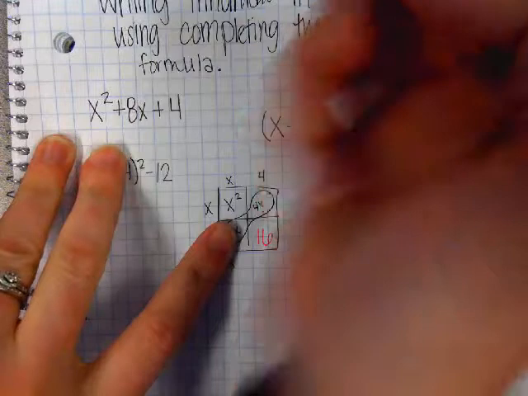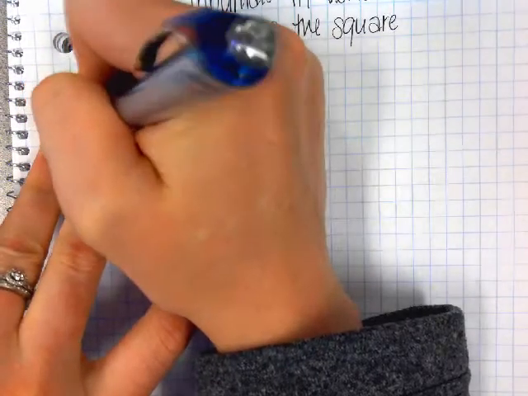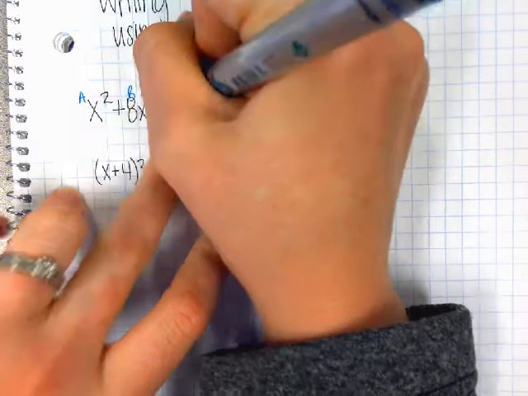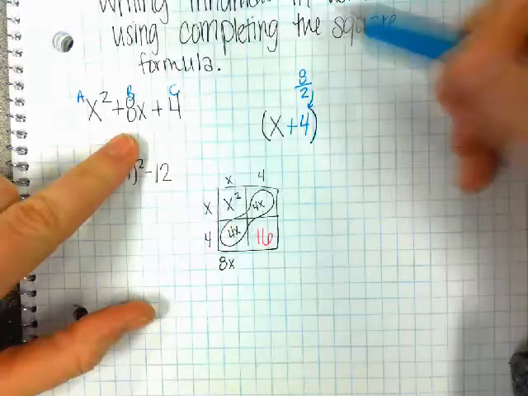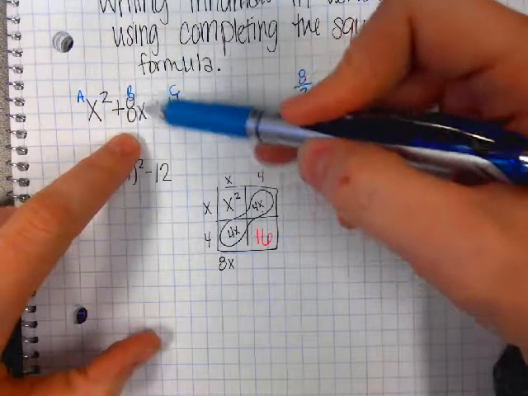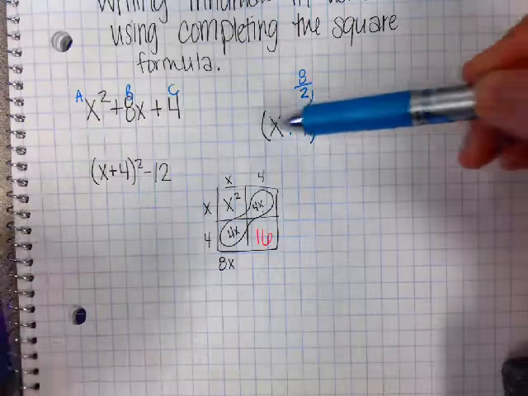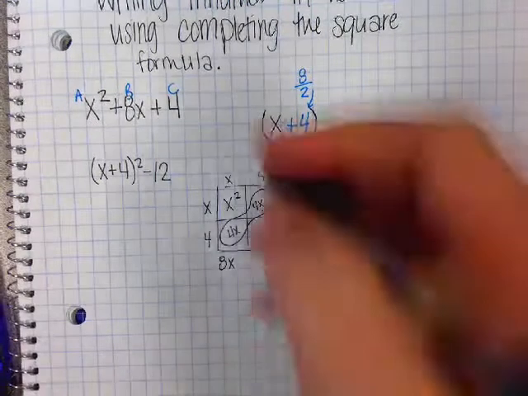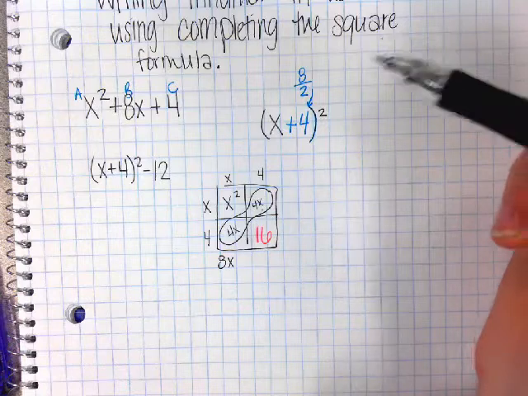Now, when you have a trinomial, we always call the number in front of x squared a, the number in front of x b, and the number at the very end c. So in the formula, I'm going to say b divided by 2. That's just saying whatever that middle term is, divide it by 2. So it was x plus 4, because I had to cut it in half.